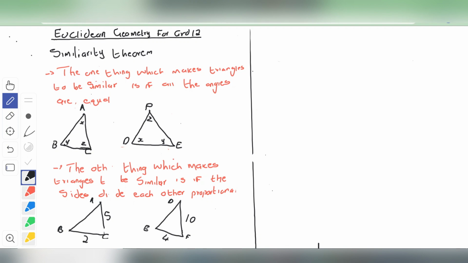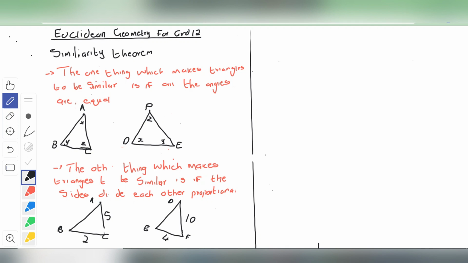Similarity theorem. The one thing which makes triangles similar is if all the angles are equal. So whenever all the angles are equal in the two triangles, we can conclude that those two triangles are similar.